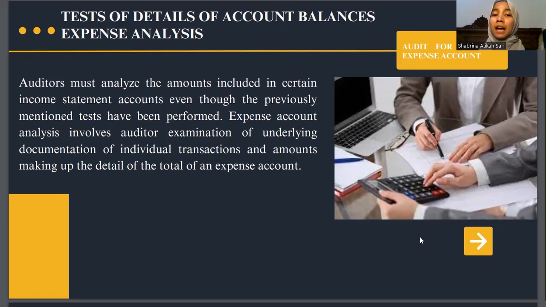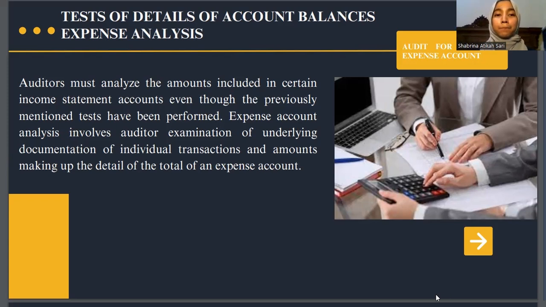The documents are the same type as those used for examining transactions as part of the test of acquisition transactions, including invoice, receiving report, and purchase order. And the tests of control and substantive tests of transactions are meant to assess control risk. In the analysis of the expense and other income statement accounts, the auditor verifies transactions in the specific account to determine whether the transactions are appropriate for the client, properly classified, and accurately recorded.